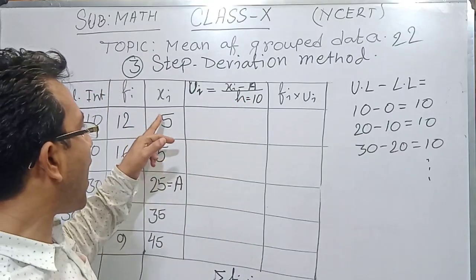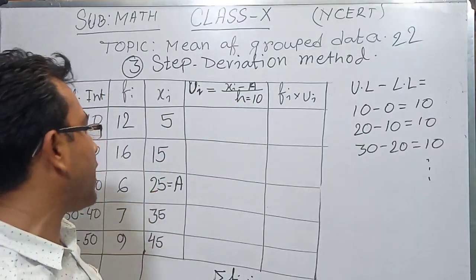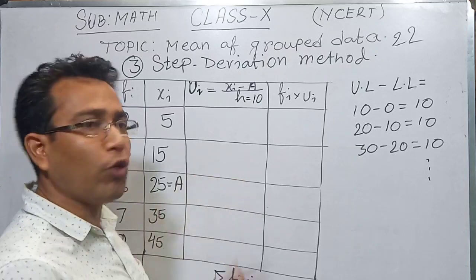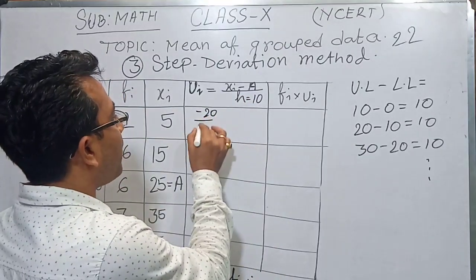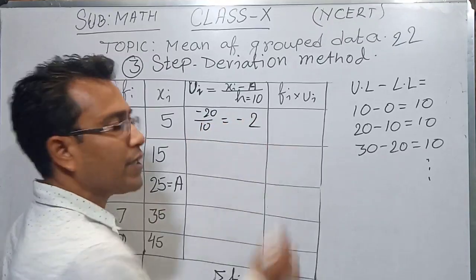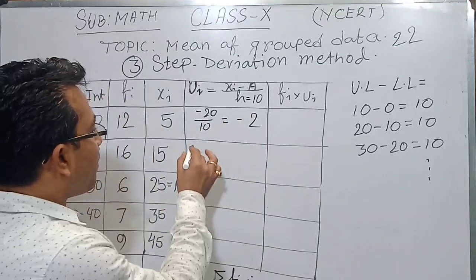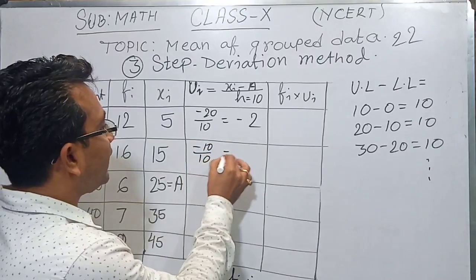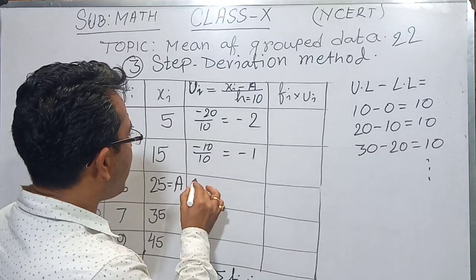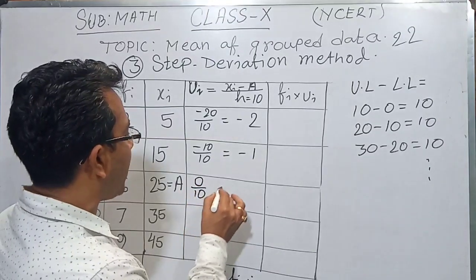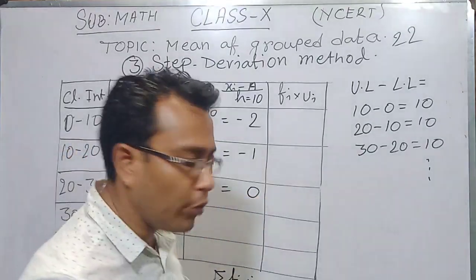So here 5 minus 25, that is minus 20 by 10, equal to minus 2. Here minus 10 by 10 equal to minus 1. Here 25 minus 25, that is 0 by 10, that is 0.